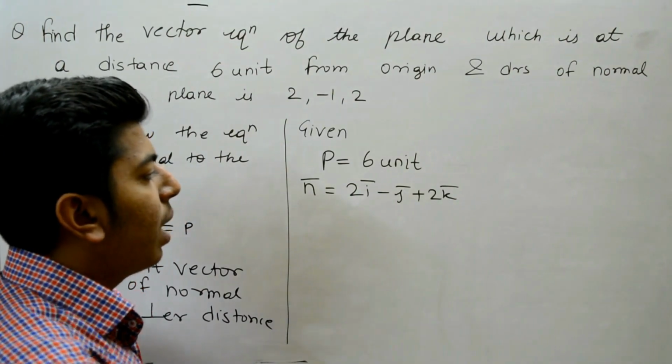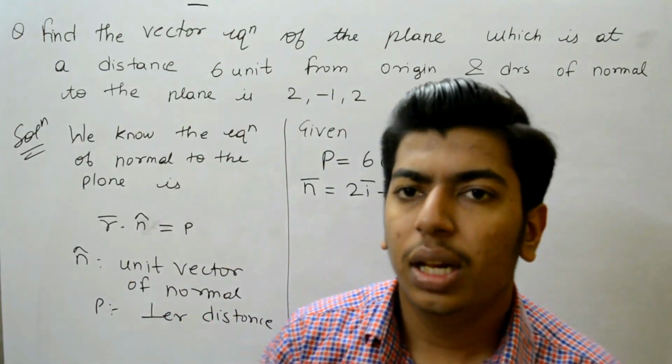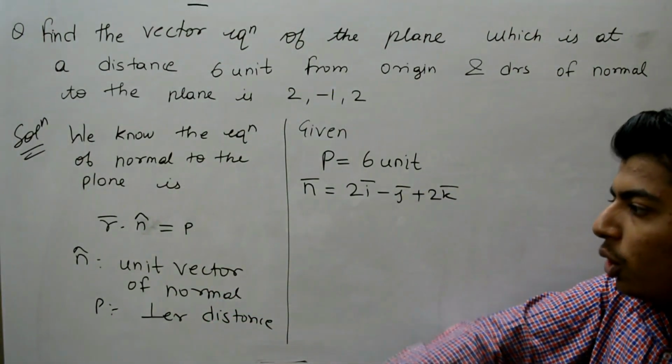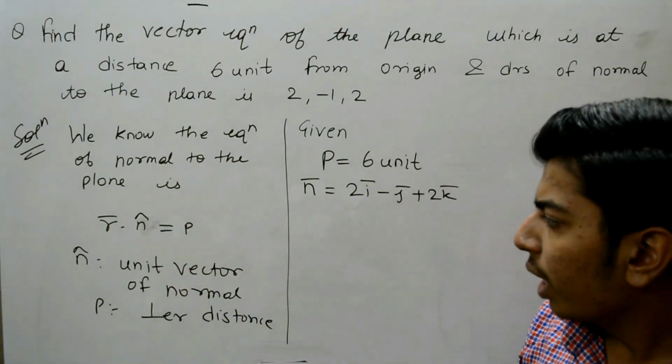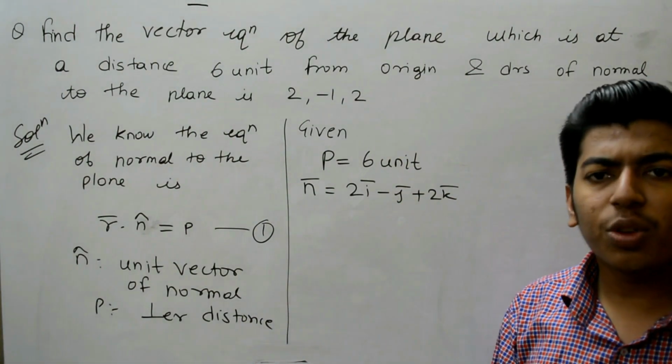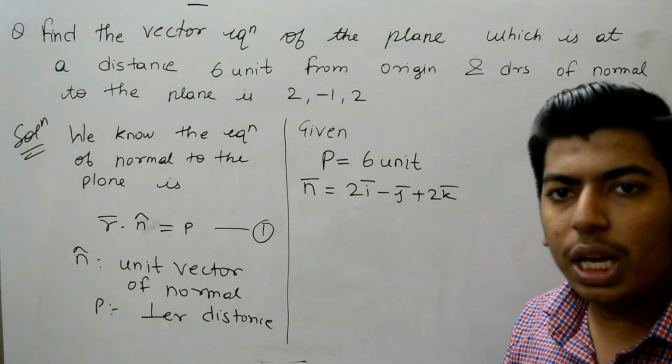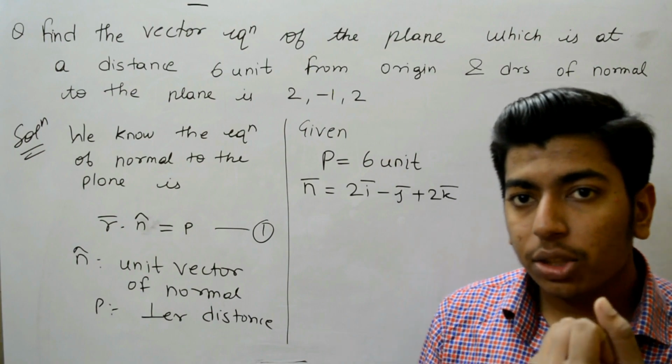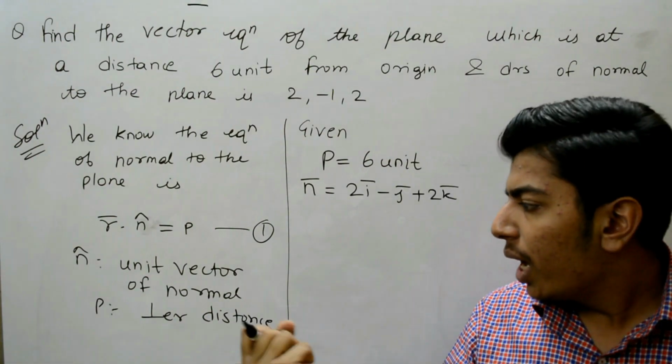So the N bar is given to us. Looking at this formula, I name it as equation 1, but we do not want the N bar. We actually want N cap, that is the unit vector of N.